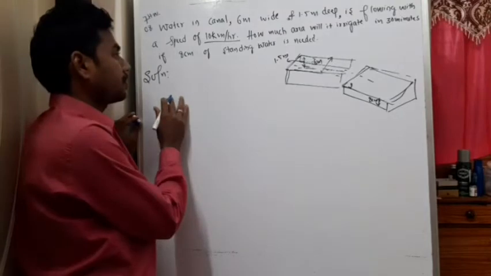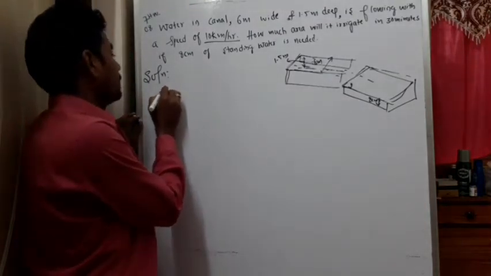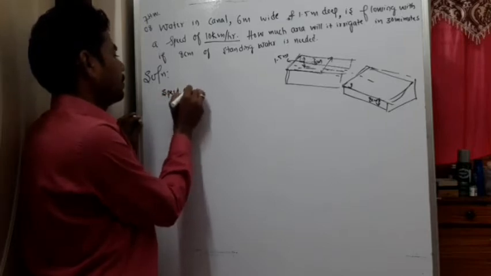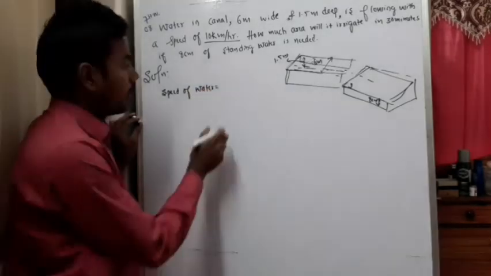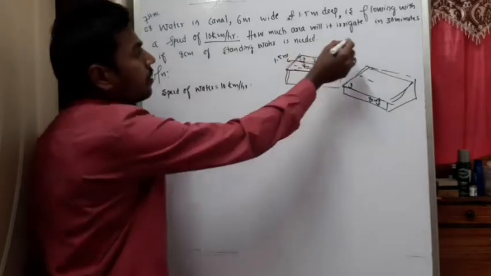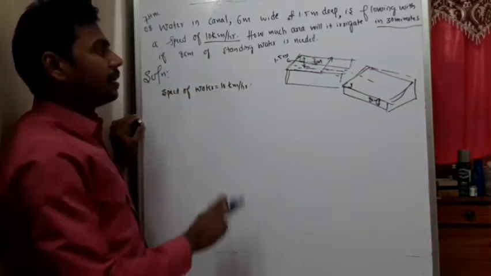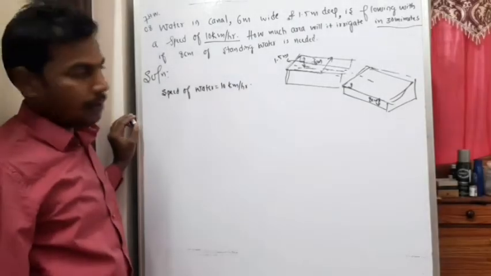Now, speed of water, 10 km per hour, but they have given in terms of 30 minutes. So I want meter per minute.